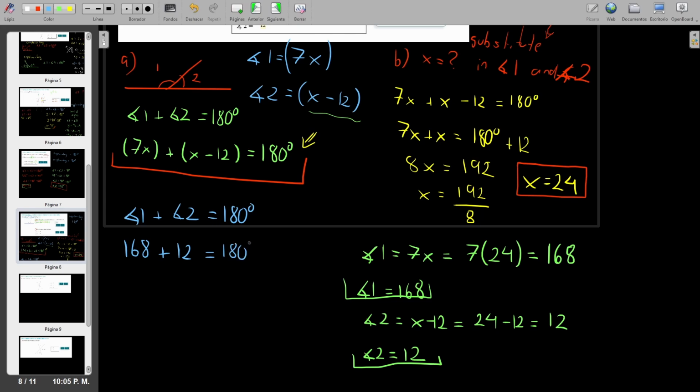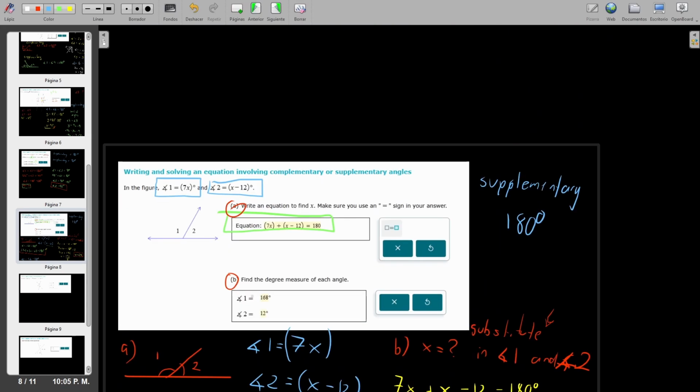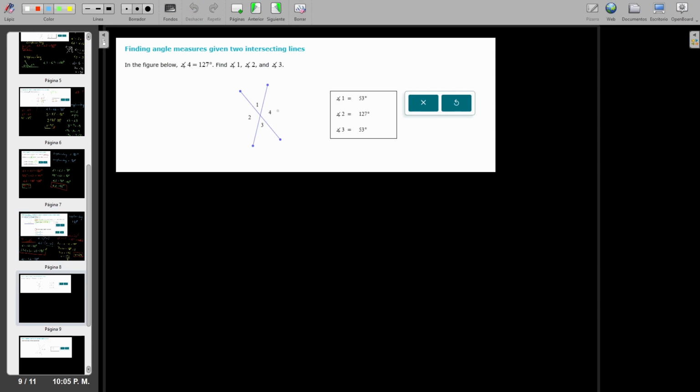That is 180. We made the operation, 180 equals 180. So we know that is correct. As we can see, the value of 1 and 2 is 168 and 12. We go above and we see that is correct. Yay!